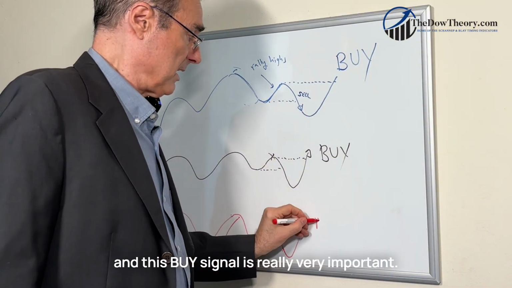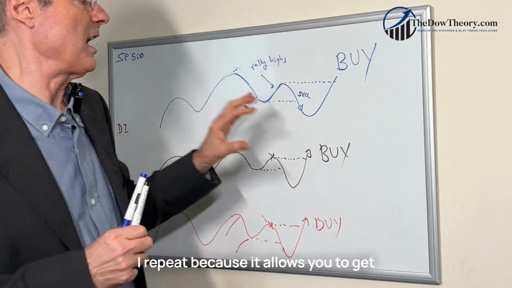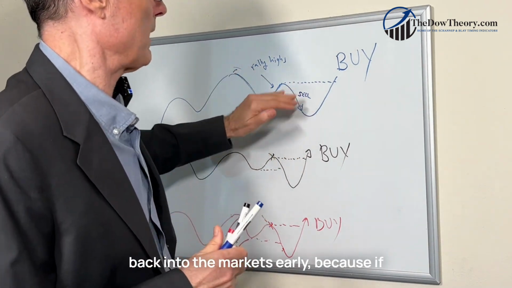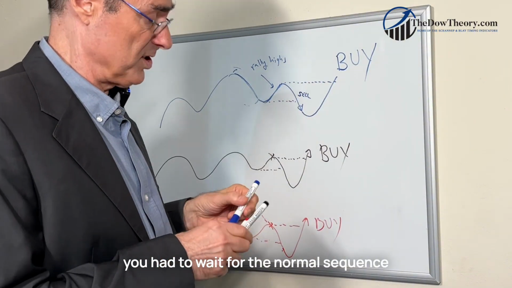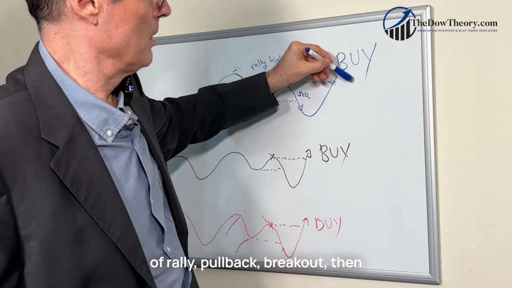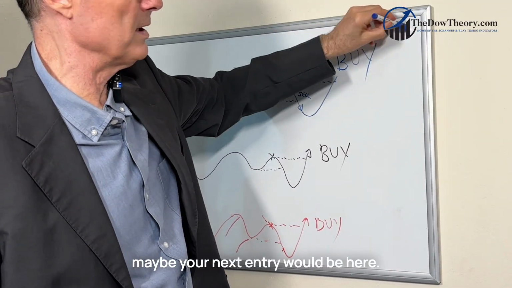And this buy signal is really very important, I repeat, because it allows you to get back into the markets early. Because if you had to wait for the normal sequence of rally, pullback, breakout, then maybe your next entry would be here.